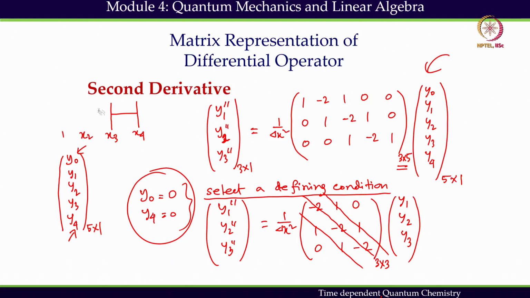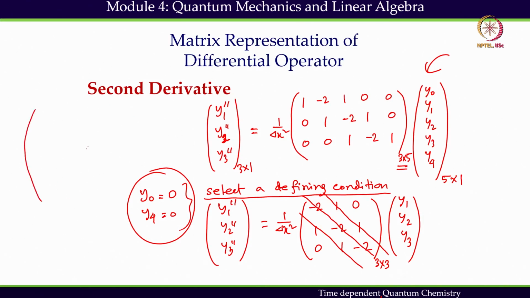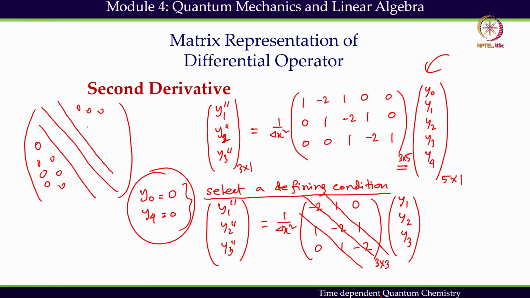A tri-diagonal matrix, in general, should look like this. This is going to be a square matrix. I will always have diagonal values, I will have lower diagonal values and upper diagonal values. The remaining part is going to be all 0. So this is called a tri-diagonal matrix.